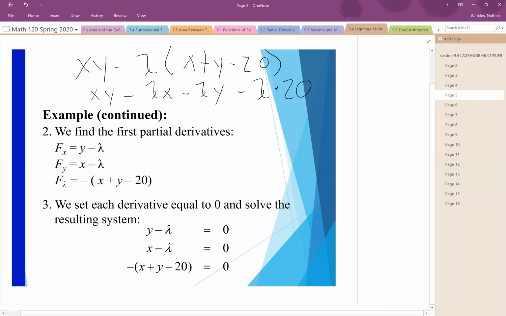If we write it that way, with respect to x, we get y minus lambda. F sub y is x minus lambda. And f sub lambda is minus of x plus y minus 20, which is just minus x minus y plus 20.